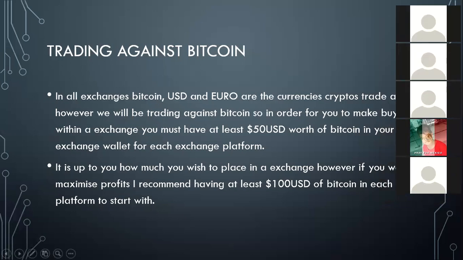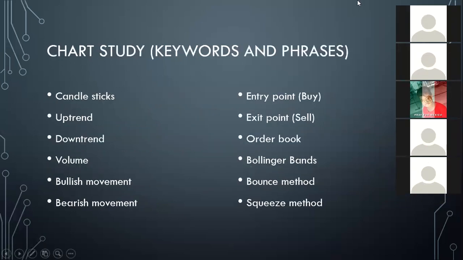Cool. If you have a pen and paper, start jotting down these keywords and phrases. We're going to go over them in detail, but I'm just going to read them out.